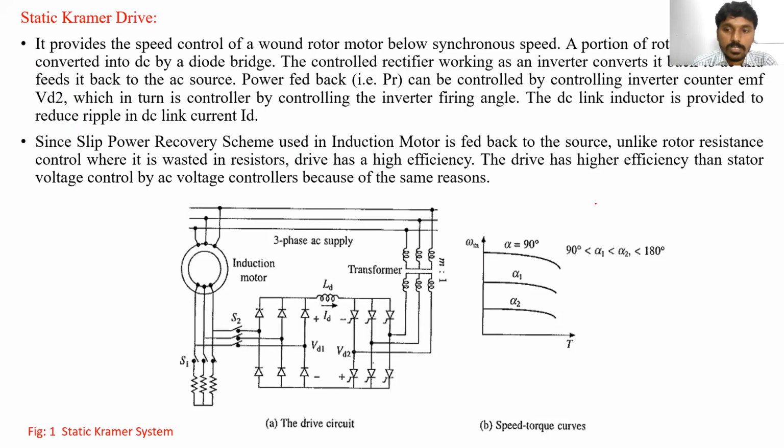The DC link inductor is provided to reduce the ripple in the DC link current. So this is the general method for controlling the speed of the induction motor. Is it clear? Here we are using resistance. By connecting this resistance in series with each phase of the rotor circuit, the speed of the motor can be controlled, but the energy will be wasted.